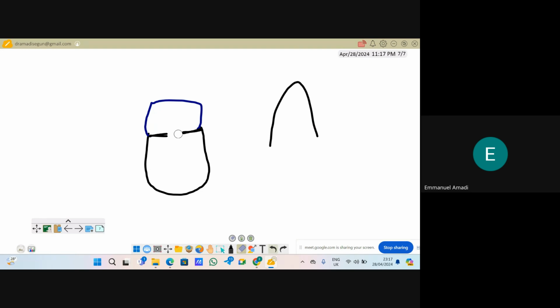If this valve is regurgitant, as this ventricle is trying to contract, by right, that valve is supposed to be slammed shut. But because it is regurgitant, as this ventricle is trying to contract, it will push blood back to the atrium. And remember, volume and pressure are directly proportional. So this blood that is pushed back to the atrium will definitely raise the atrial pressure.